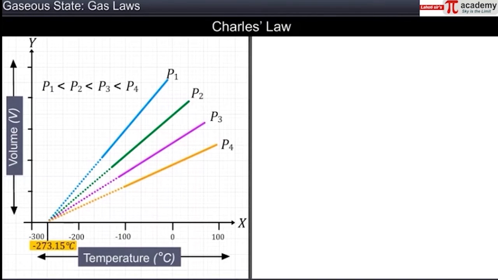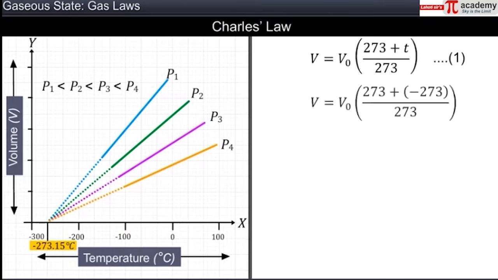From the graph, if we substitute the value of temperature as minus 273 degrees Celsius in equation 1, then the volume at minus 273 degrees Celsius becomes zero. Thus, we can conclude that the volume of a gas would be reduced to zero at minus 273 degrees Celsius.